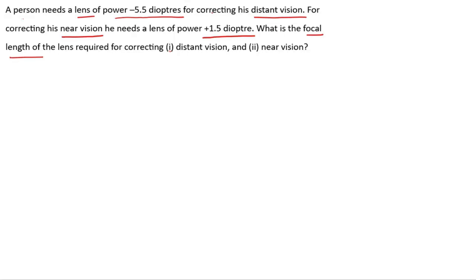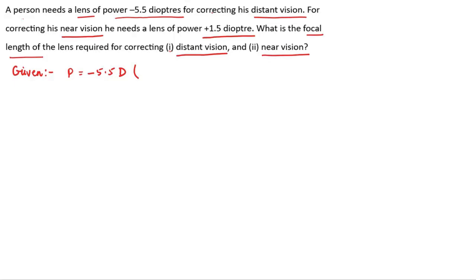Here two parts are given. In the first part we need to find distant vision and in the second part to find near vision. So let's first write the given data. Here the power of lens is given as minus 5.5 diopters.